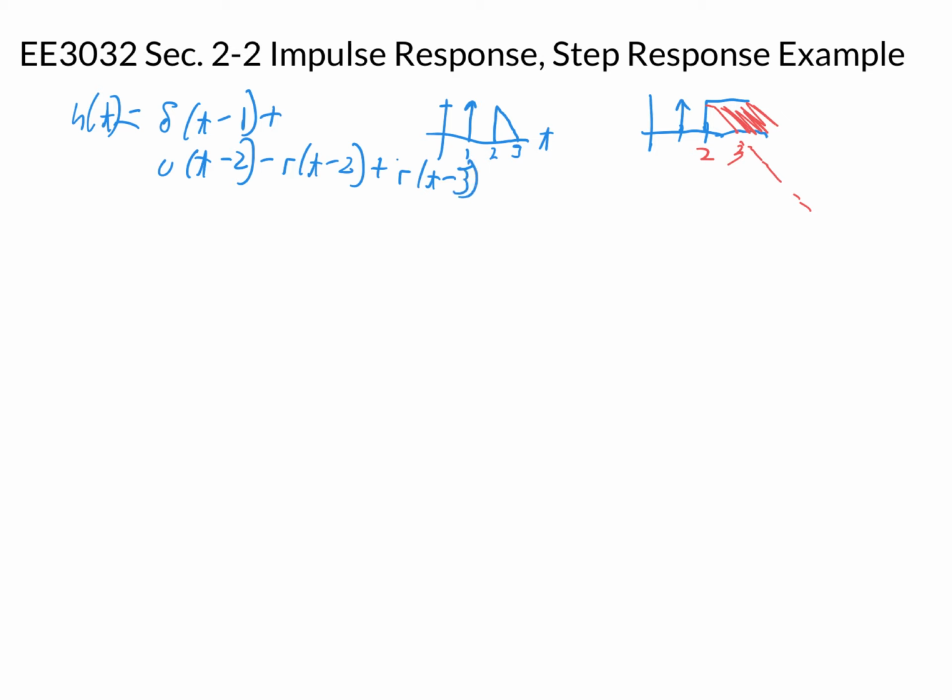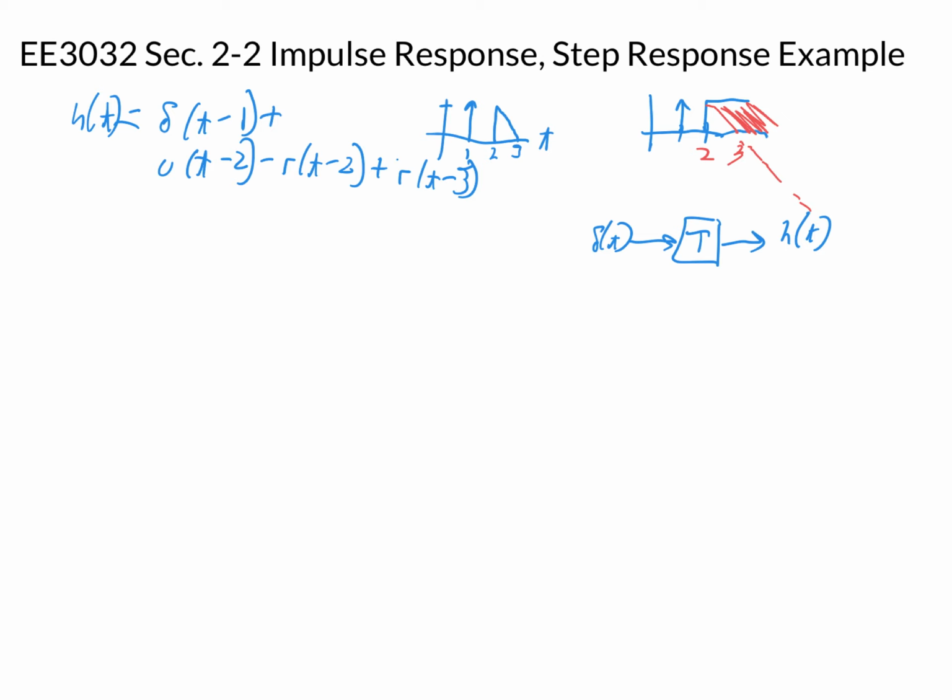Now let's evaluate what the step response of this system is. Remember, h of t is defined such that when I put an impulse into the system, I get h of t out. It is the response to an impulse.